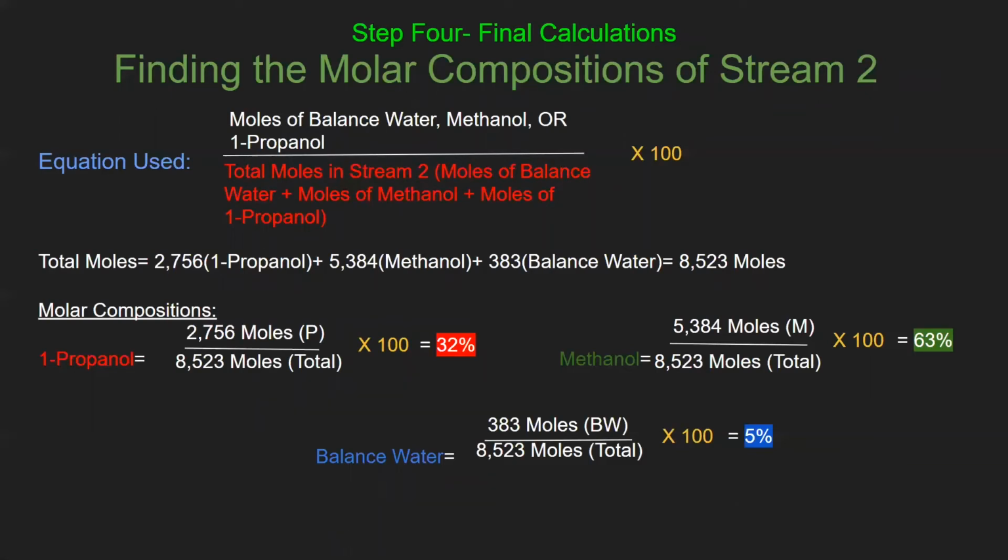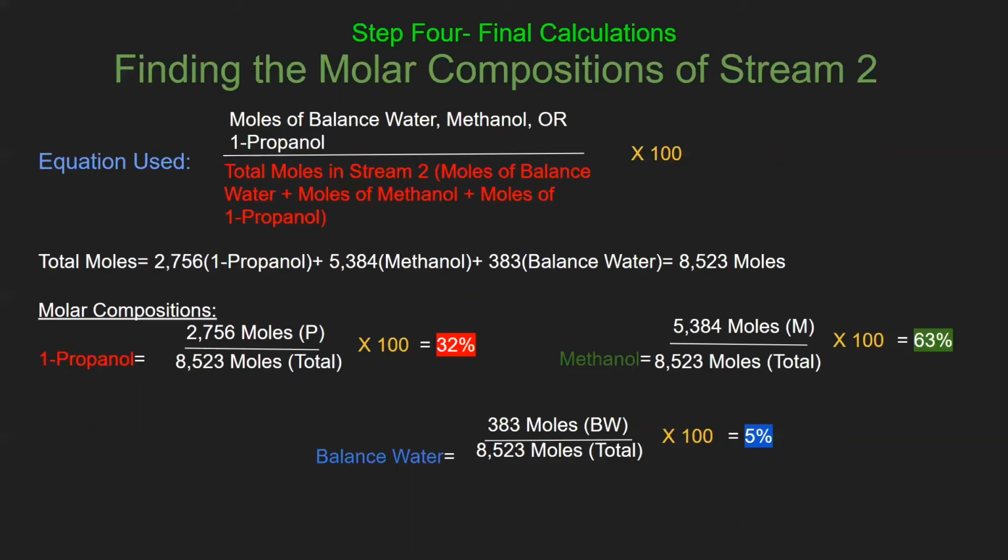So next is step 4, which is our final calculations, which is finding the molar compositions of stream 2. The equation used to find this is the moles of balanced water, methanol, or 1-propanol divided by the total moles in stream 2, which is the moles of balanced water plus the moles of methanol plus the moles of 1-propanol.